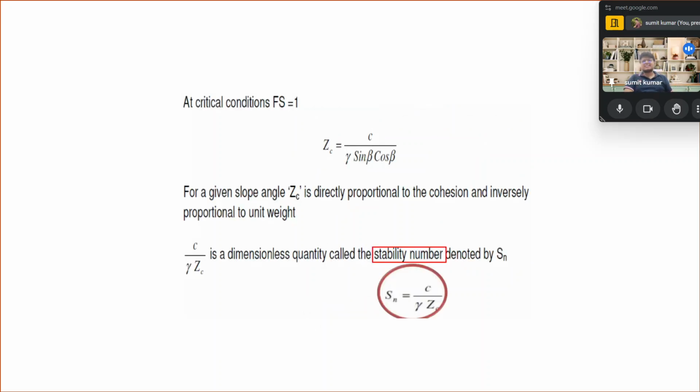At critical condition when Fs equals 1, Zc equals C by gamma sin beta cos beta. For the given slope, Zc is directly proportional to the cohesion and inversely proportional to unit weight, and C by gamma Zc is a dimensionless quantity called the stability number, that is Sn equals C by gamma Zc or C by gamma Z, whatever we want to state.